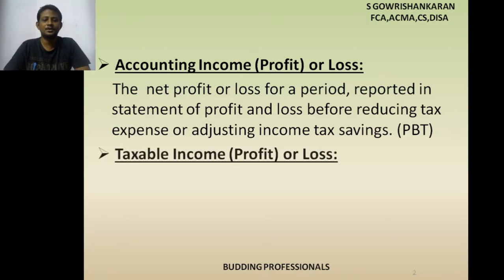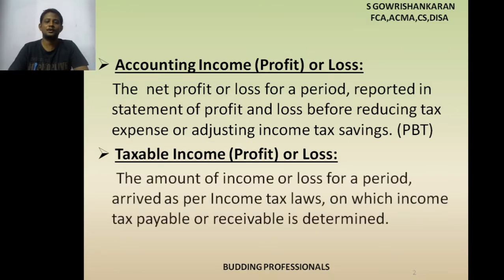And what is the next one? Taxable income. Do you think accounting income and taxable income have the same meaning? No, definitely not. Accounting income is based on preparation by following generally accepted accounting principles and accounting standards also. Whereas taxable income is prepared based on the provisions in the Income Tax Act, and there are also separate accounting standards under the Income Tax Act that I would have followed.